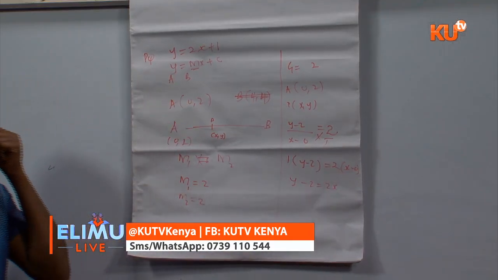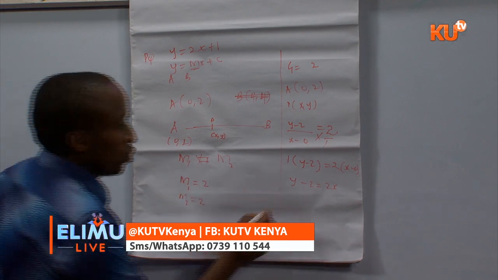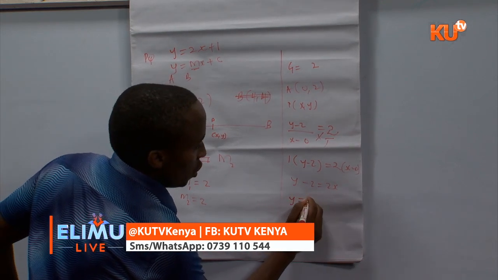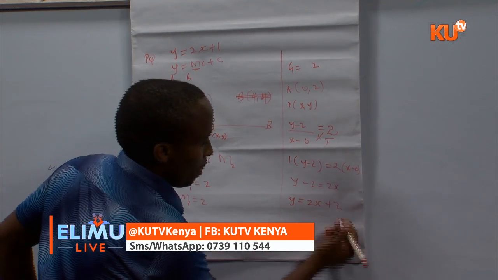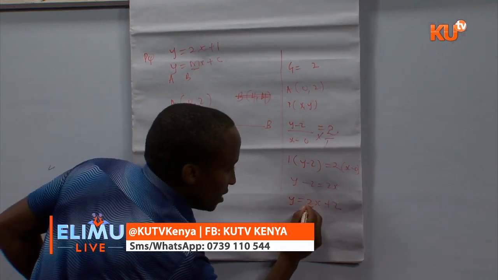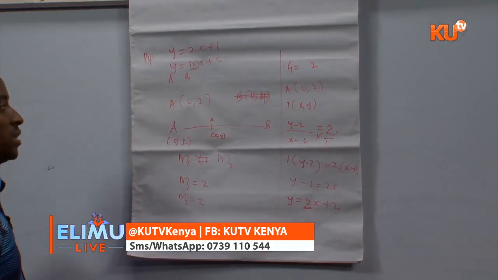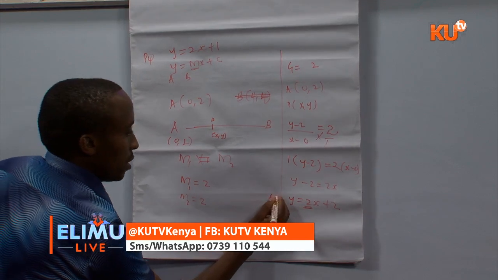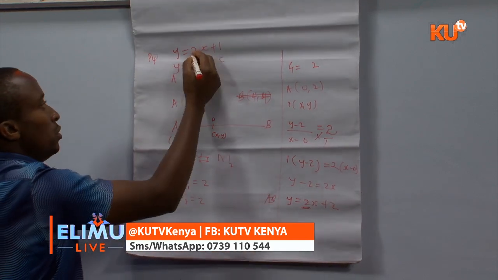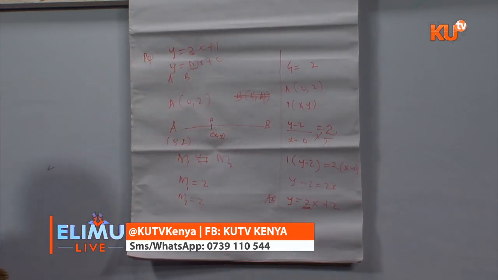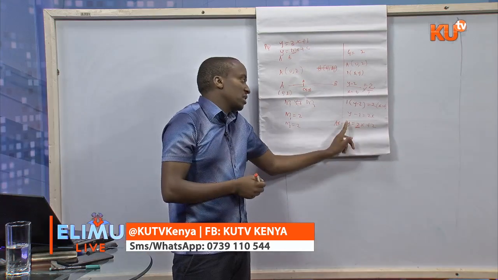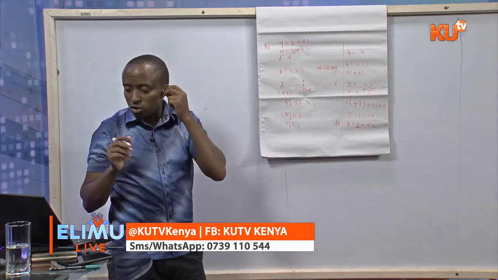Make y the subject of the formula, so y is equal to 2x plus 2. So these two lines, line AB and line PQ, have the same gradient, because the gradients of two lines that are parallel to each other are the same. So M1 is equal to M2.